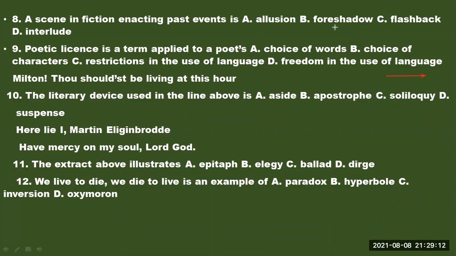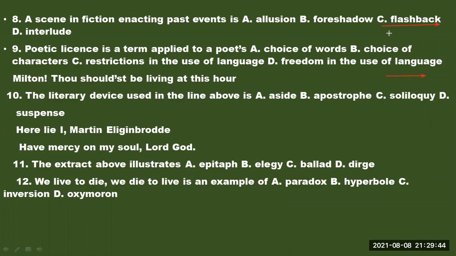Now, foreshadow is something that signals a future event. So that is really not a scene enacting past events. The answer is flashback, and actually it is a narrative technique that enacts a past event, something that happened in the past, and in the course of narrating what is happening in the present, then you make a flashback.